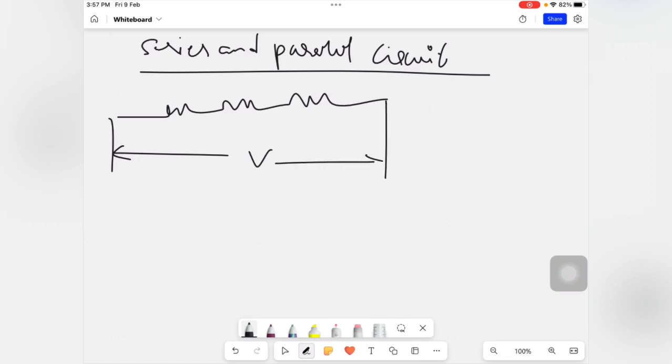What is the voltage? The total voltage is V and the current is I, because in the same branch many elements are connected in series.